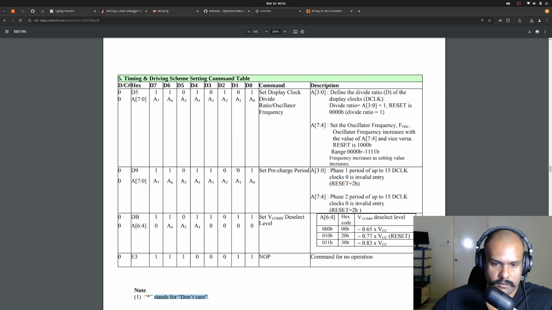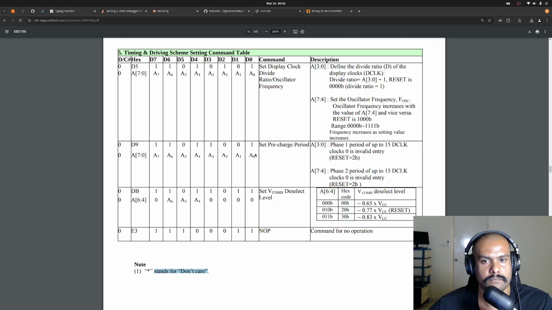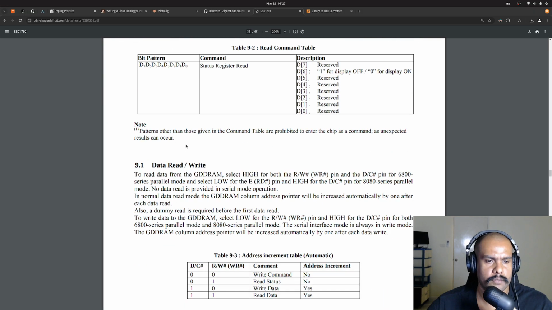Okay, so define the divide ratio. Timing and driving scheme setting command. Okay, I think for now we can ignore this one too.